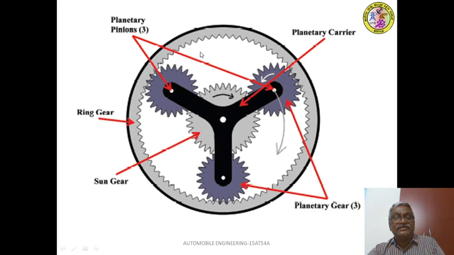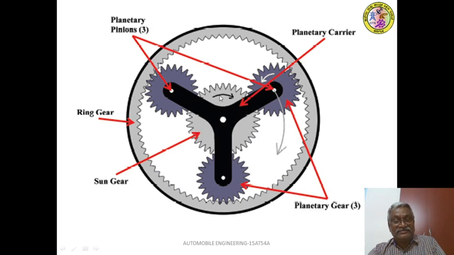of the stationary ring gear. So due to this, the planetary carrier is also rotating in clockwise direction only. The sun gear is rotating clockwise, and this planetary carrier is also rotating in clockwise.